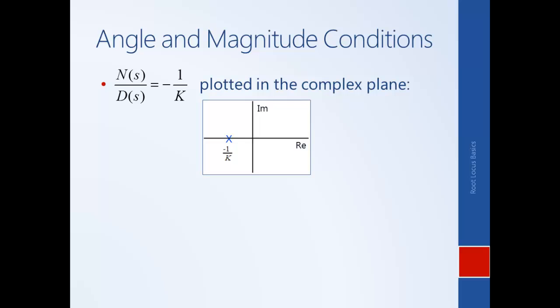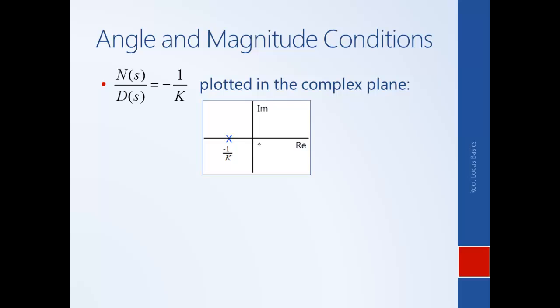Looking at it from another point of view, if we plotted this point minus 1 over k in the complex plane, k varies from 0 to infinity, but this in essence is a real number, so it's on the real axis, and it's negative, so it's located over here. And we can think of this in terms of its radius and its angle, or in terms of its radius and its phase.